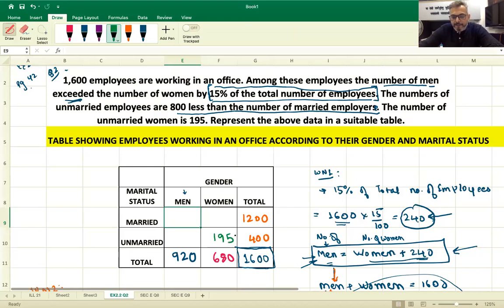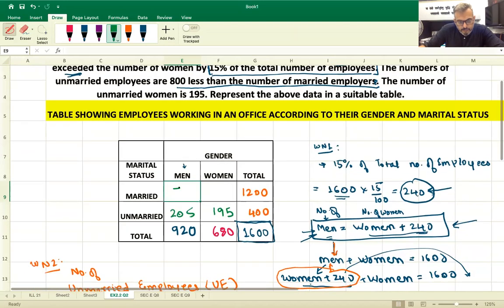So fill in the gaps. 400 minus 195 is 205. Now 920 minus 205 is equal to 715. 715 and 1200, so 485. Always cross verify. Does all this match or not?